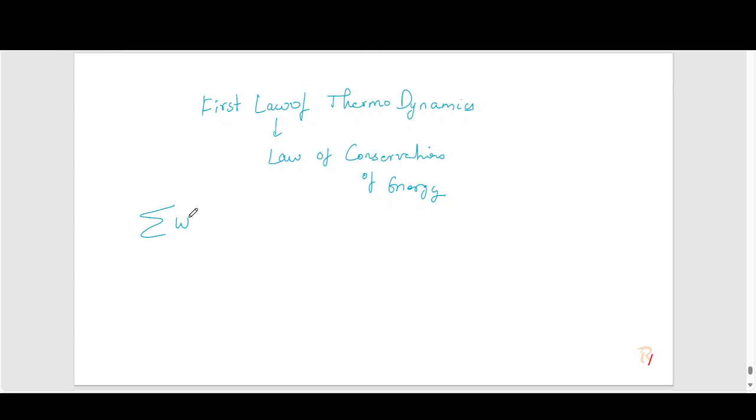The summation of work done over the whole cycle gives us the summation of heat over the cycle.